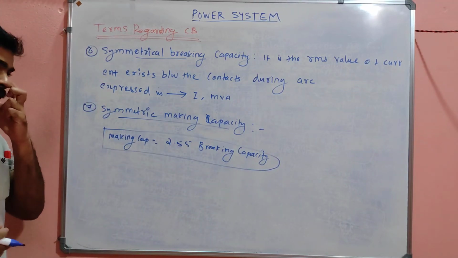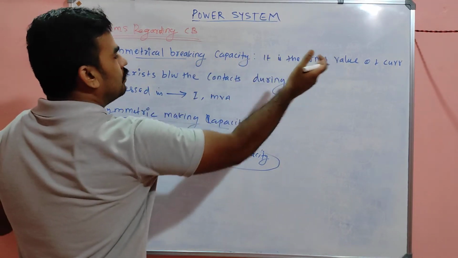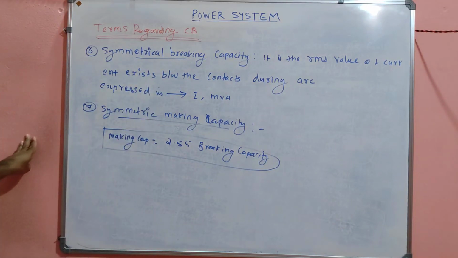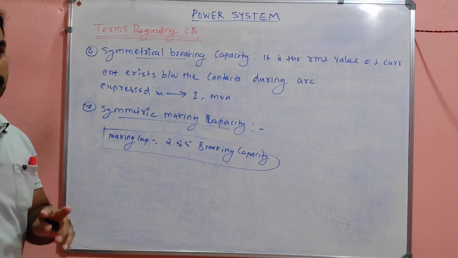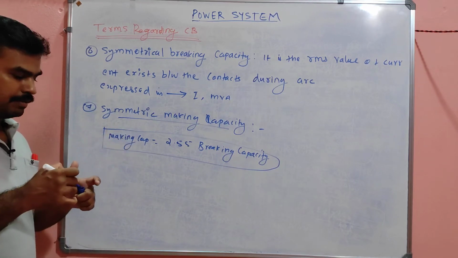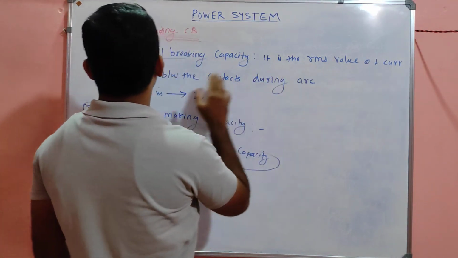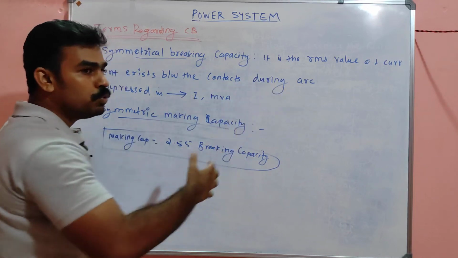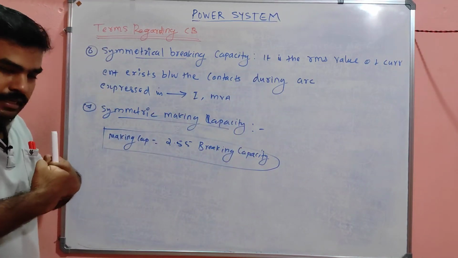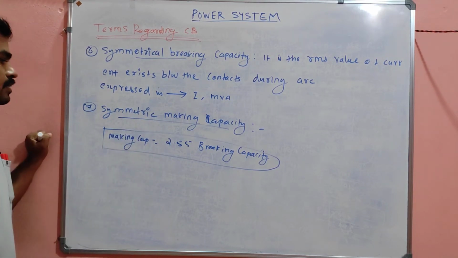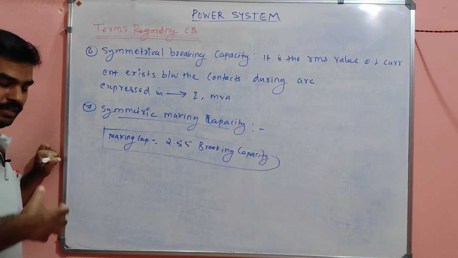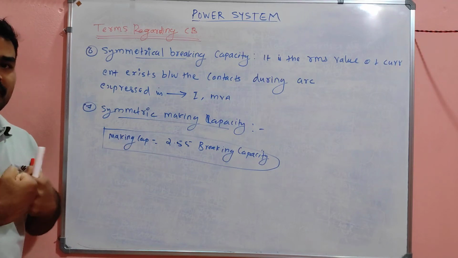Or in words you can say that it is the current that exists between the contacts when the contacts make contact again. Breaking current is the RMS value of current between the contacts during arc, and symmetrical making capacity is the current after the making of the circuit.